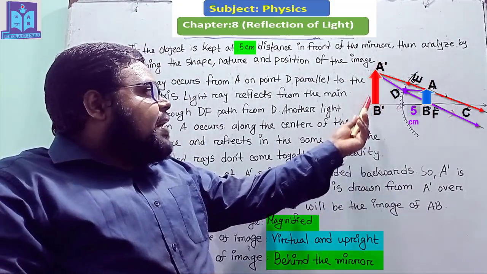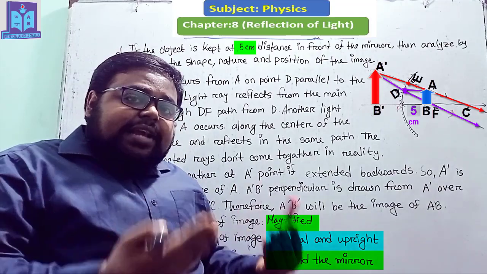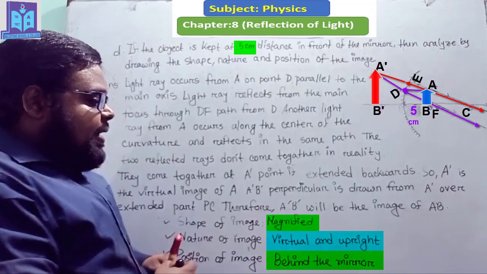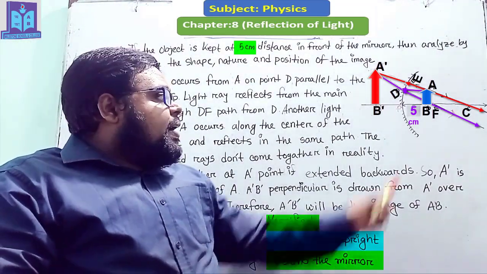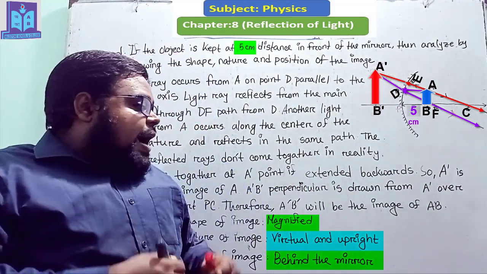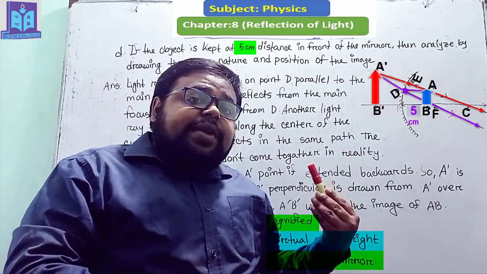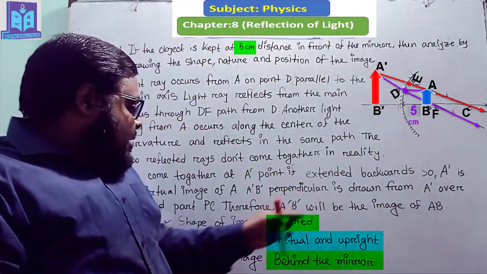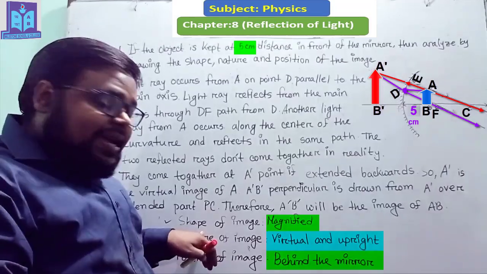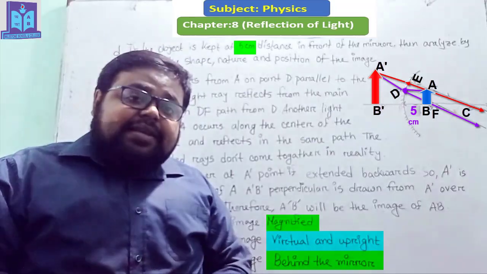Here we can see that the image is upright or straight. Position of the image: behind the mirror. You have to remember that the image is created behind the mirror. I hope you understand the shape of the image, the nature of the image, and the position of the image.